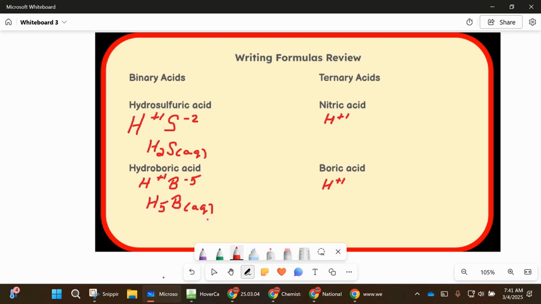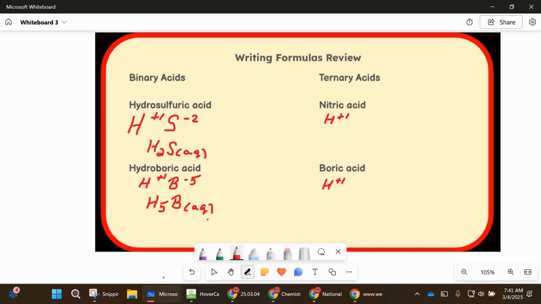An IC acid comes from an ATE polyatomic. An OUS acid comes from an ITE polyatomic. So if the polyatomic name ends in ATE, it is going to become an IC acid. If the polyatomic name ends in ITE, it is going to become an OUS acid.